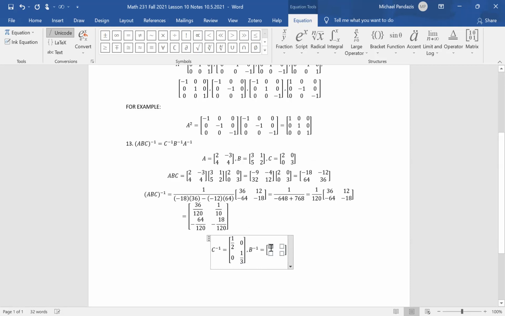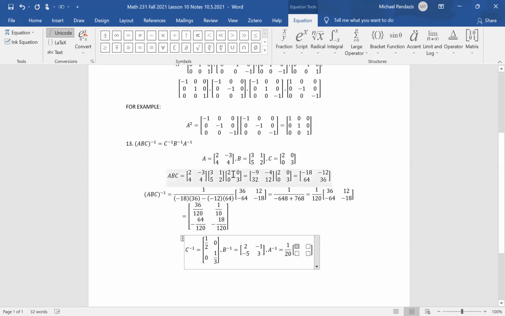Okay, so then for B inverse, when you do it, AD minus BC, you have 1 over 1 times, and you switch the diagonal entries, you negate ones off the main diagonal, get B inverse is that. And then A inverse, you just do each one individually. So for A inverse, you have 8 minus negative 12, is 20. 1/20th times.